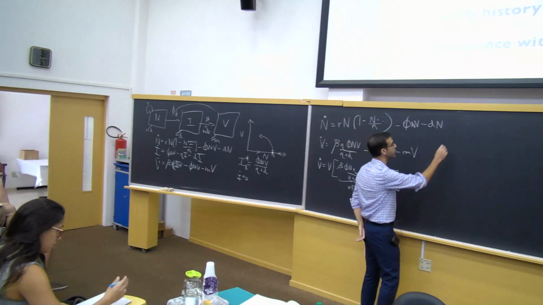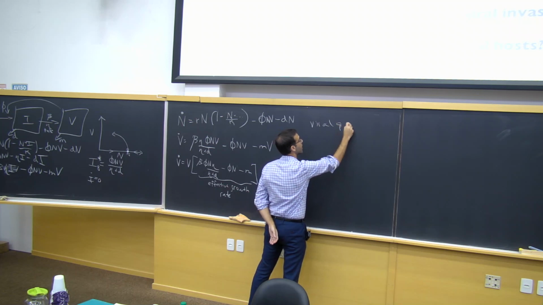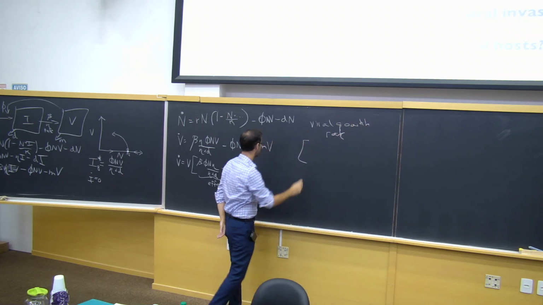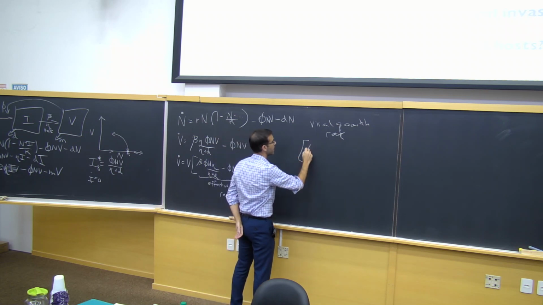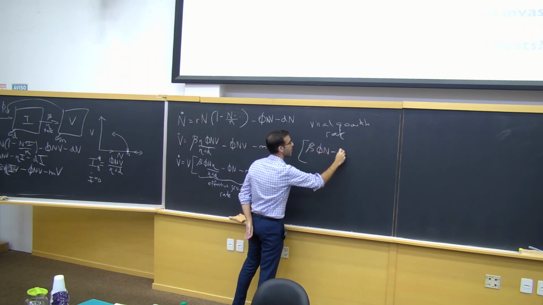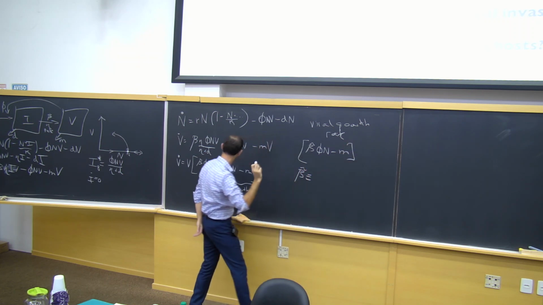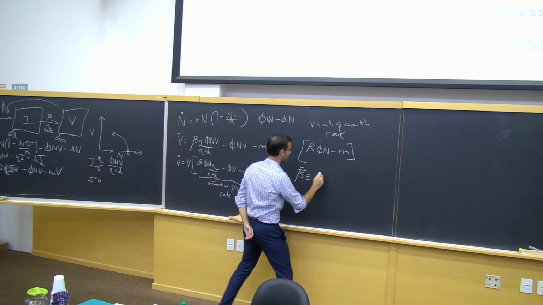So what I'll do here is begin to rewrite things in a slightly different way. I could also write the viral growth rate as beta wiggle phi n minus m, where I've just redefined this for a particular reason.